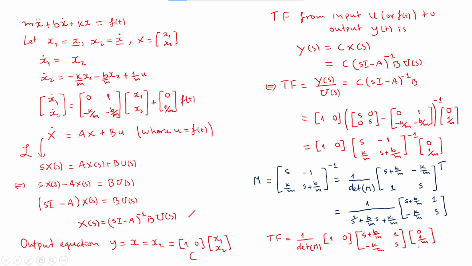Okay, so now when you multiply 1 0 into this, you only have the first row, right? When the first row times this one, you only have this one times this one, because this one is 0.